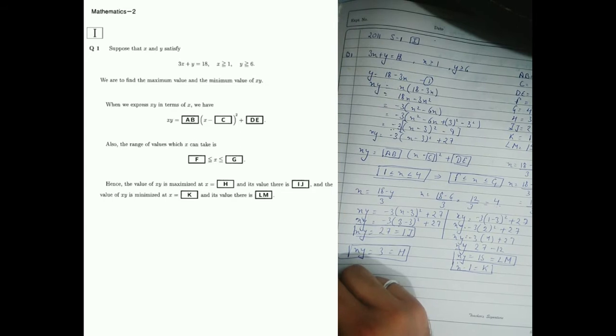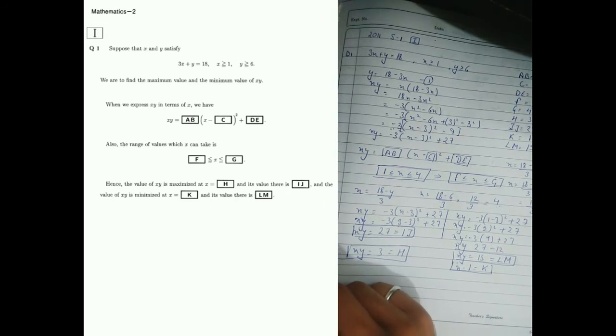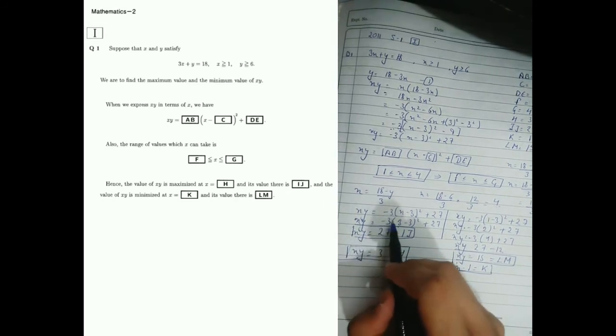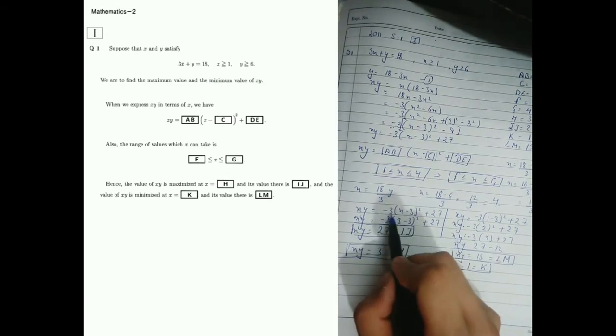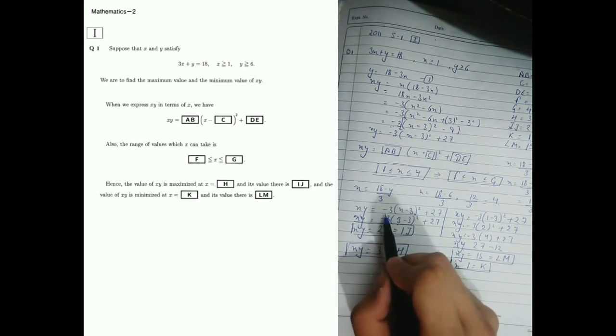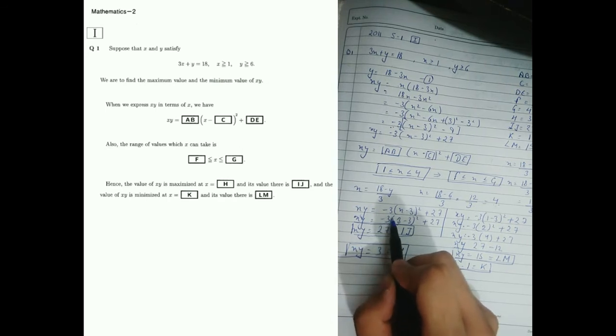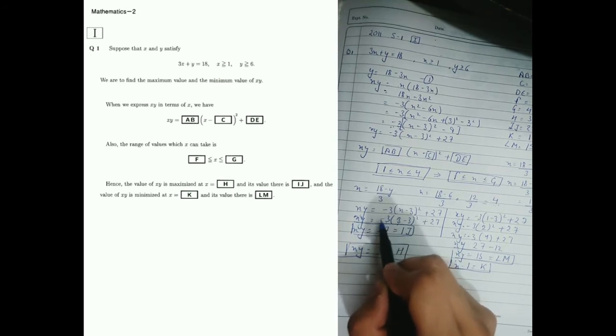So the next thing is, hence the value of xy is maximized at x is equal to H. Means here we need to find the maximum value of xy by putting the value of x. So as you all can see, here it is a negative term, which will reduce the value of xy. So in order to make it maximized, we need to reduce this value so that the negative can be reduced.